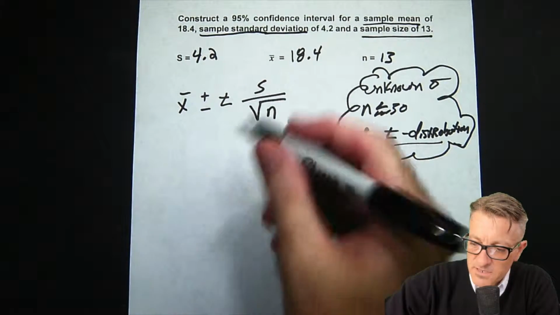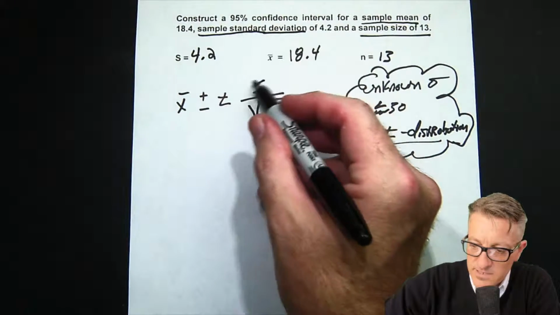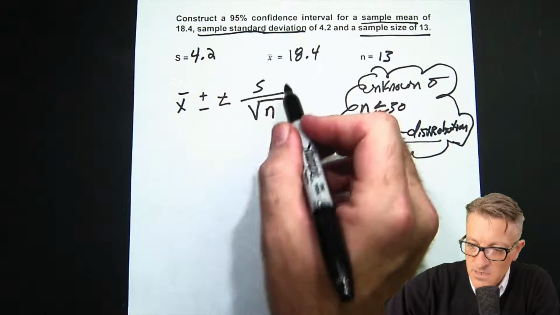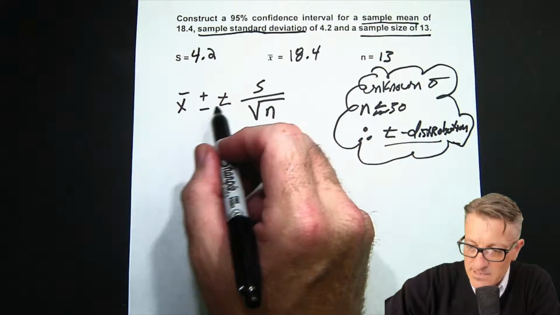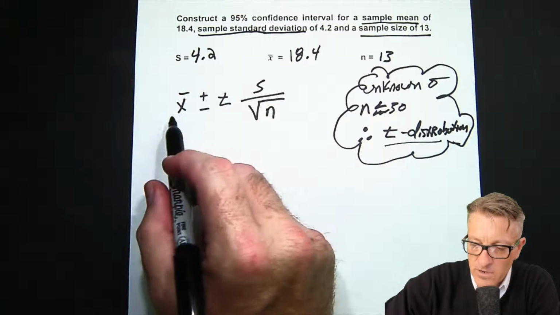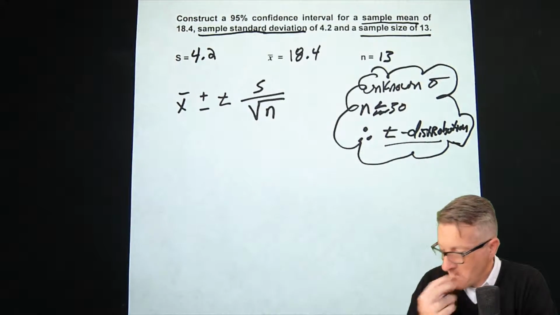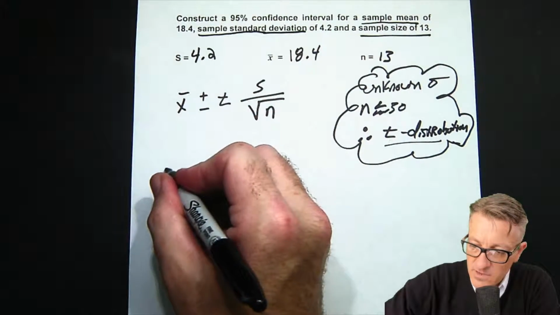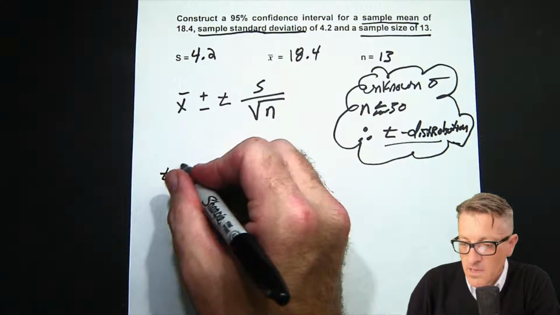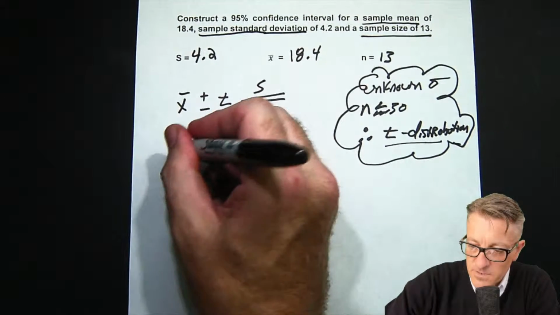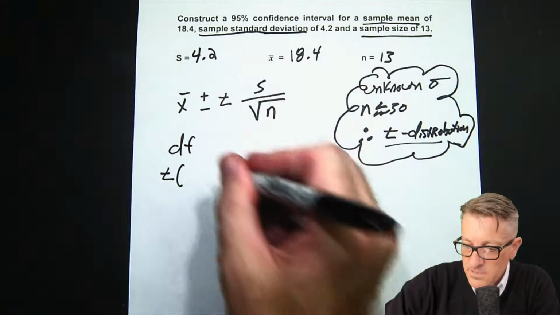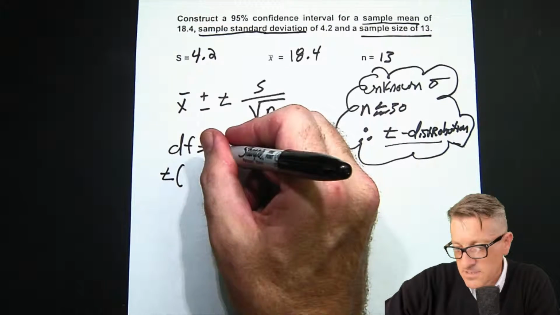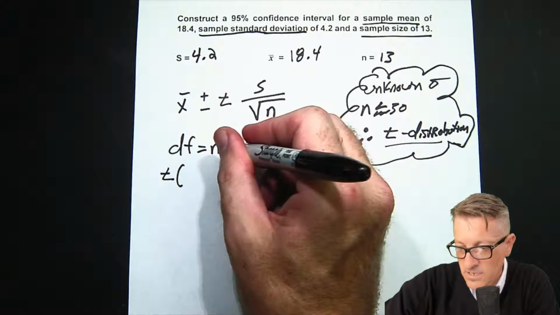And then the first thing that I do is I start calculating the pieces. I'll calculate this piece. We'll figure out what our t is, and then we already know what our x bar is. So our t, let's do that first. For our t, we have to go to the table, and we're going to use our degrees of freedom. So our df is always equal to, in this case, n minus 1.